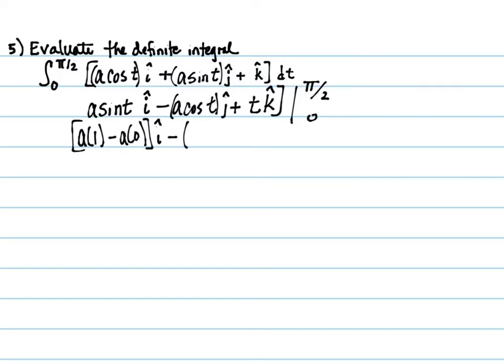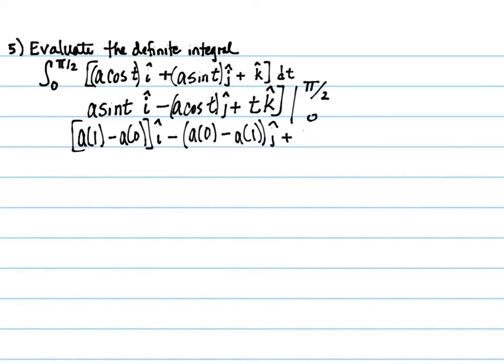So cosine of pi over 2 is 0, so this would be a times 0 minus, and then cosine of 0 is 1, so this is a times 1, and then of course this is j, and then plus, and the antiderivative of t would be 1/2 t squared. Oh, I'm sorry. I'm about to take another antiderivative. That's not what I'm trying to evaluate.